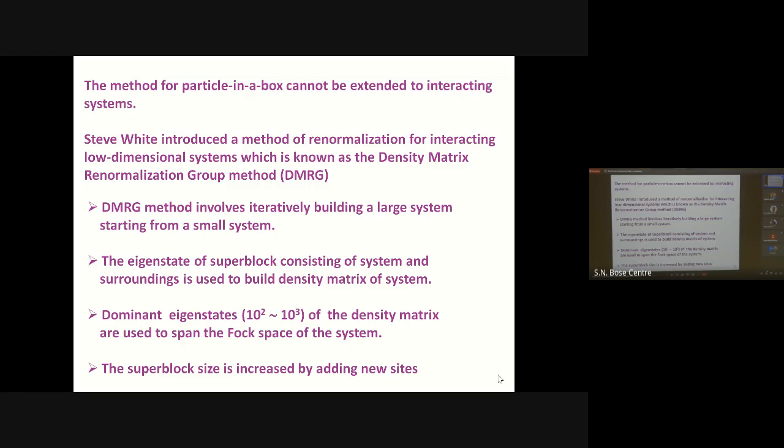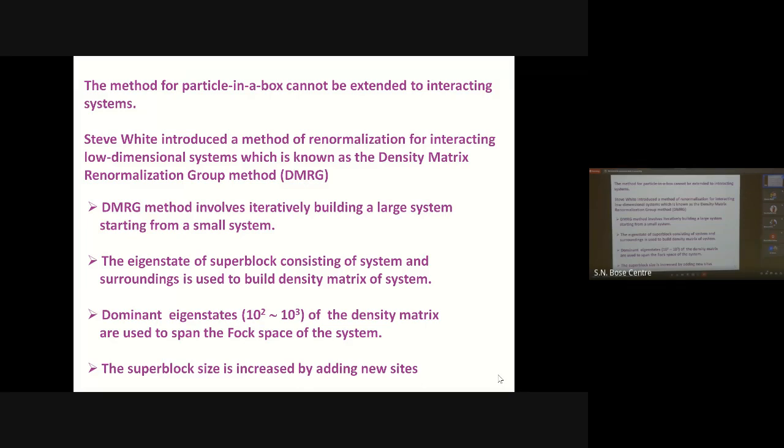So, for example, if you have 3 sites on the left and 3 sites on the right, the density matrix will be an 8 by 8 density matrix if it is a spin problem, or a 64 by 64 density matrix, because every site has either degree 2 or 4, depending upon whether you are dealing with a spin or a fermionic problem. And from the 64, you will just keep something like 32 states with the highest density.